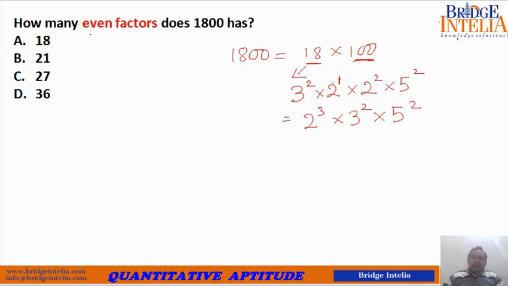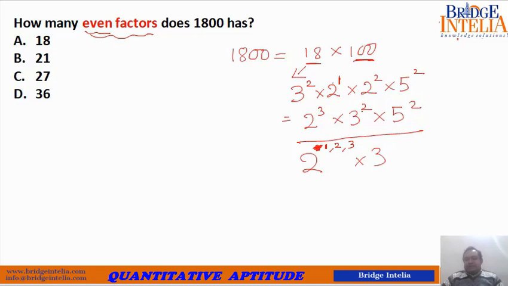Now we are looking for even factors. For the possible powers of 2, 2 to the power 0 is not possible, because 2 to the power 0 means you are not using the power of 2 at all, and then it will not become even. So except 2 to the power 0, all the other powers are possible: 1, 2, 3.